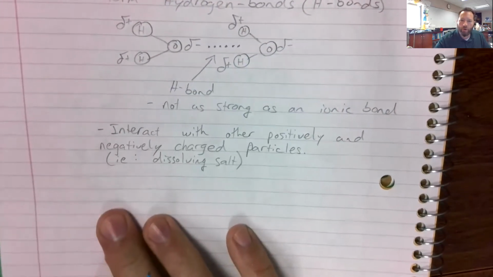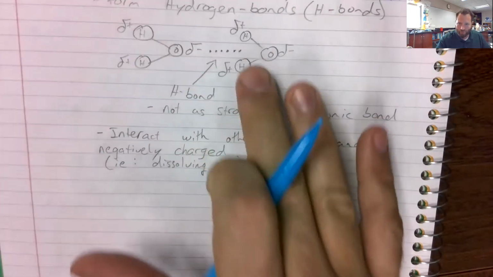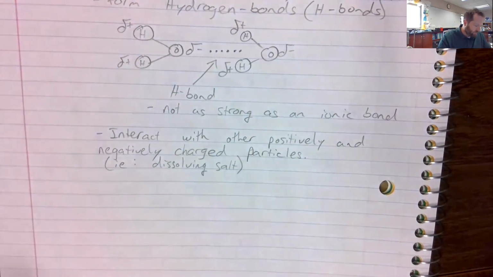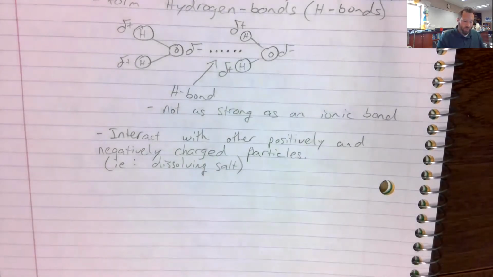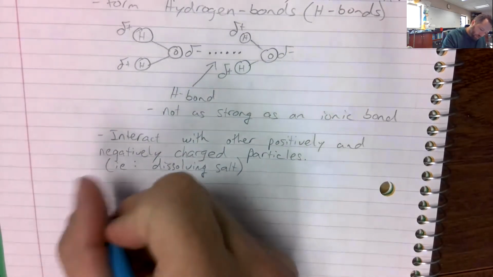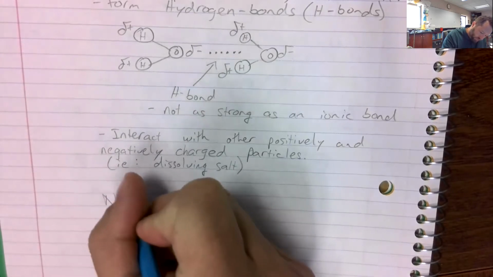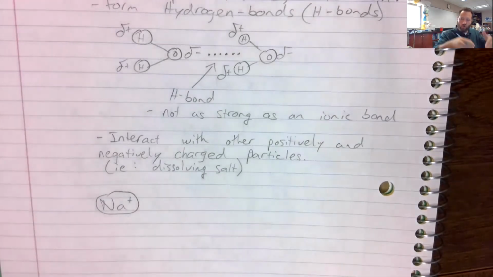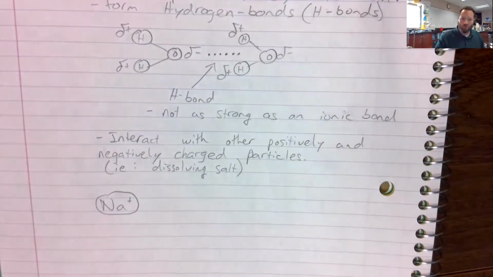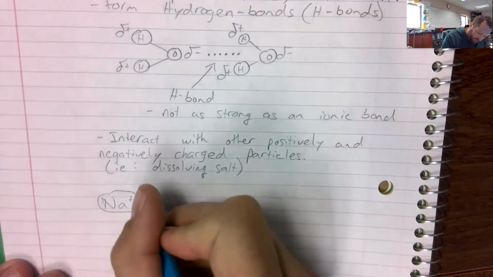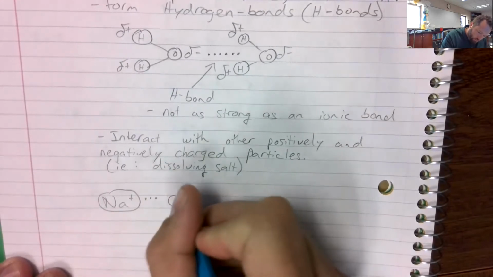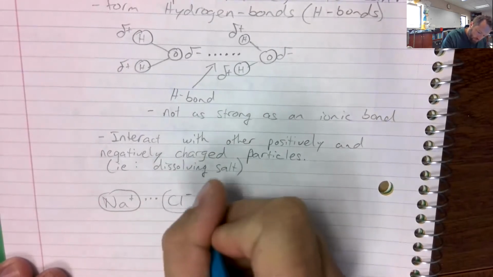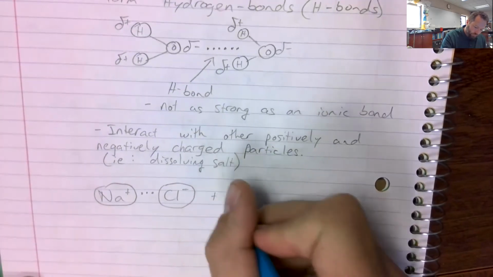So another thing that water is able to do, due to its polarity, that positive and negative end, is interact with other positively and negatively charged particles. For instance, dissolving salt. You guys have all seen that white crystalline structure go into water, and voila, you can't see it anymore. It's dissolved. It didn't disappear. It's still there, but it has dissolved.